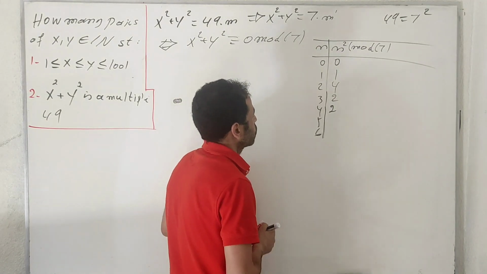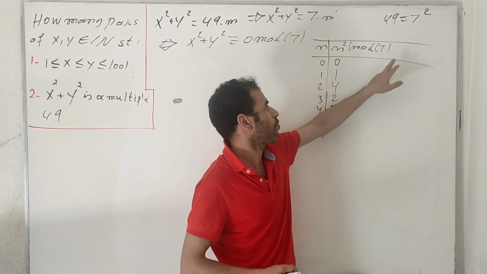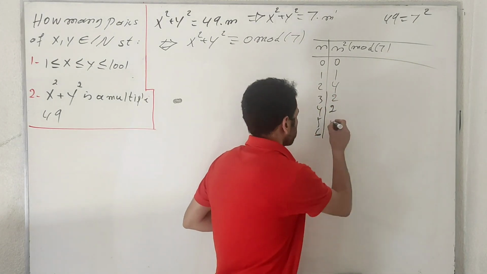For 5 squared, which is 25, we have 4 more than 21, which is 4.